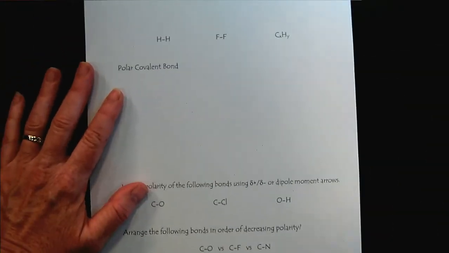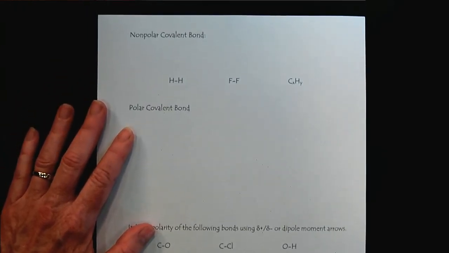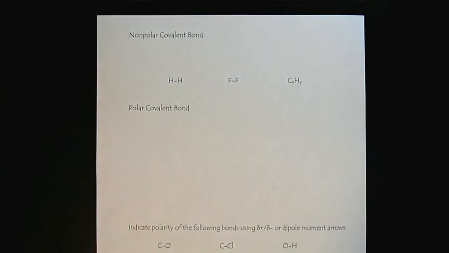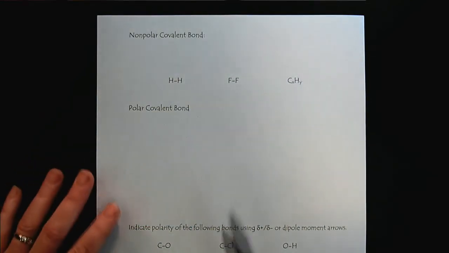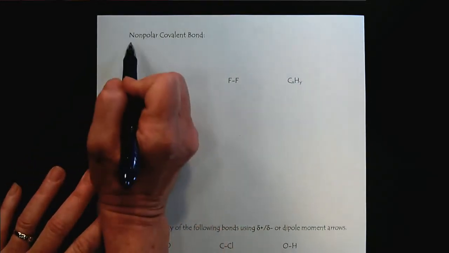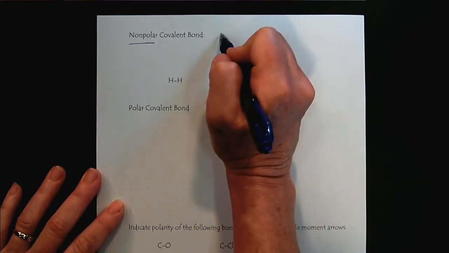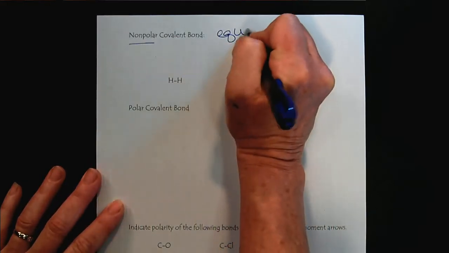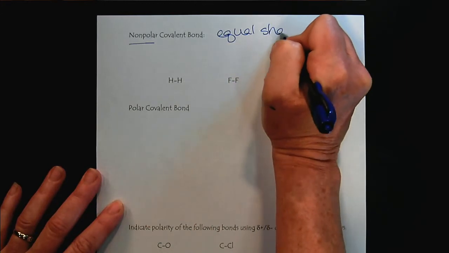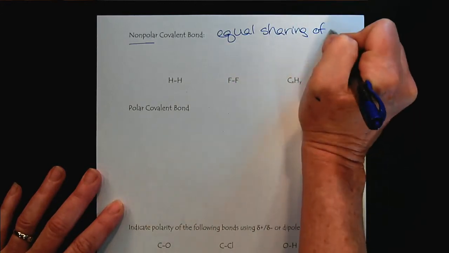Okay, so we've seen it on the table, but let's look at compounds. Nonpolar compounds means there's an equal sharing of electrons.